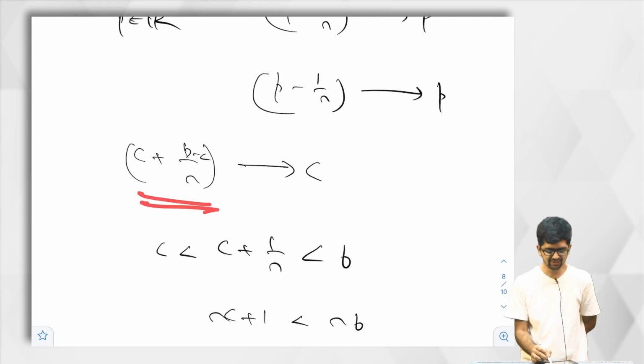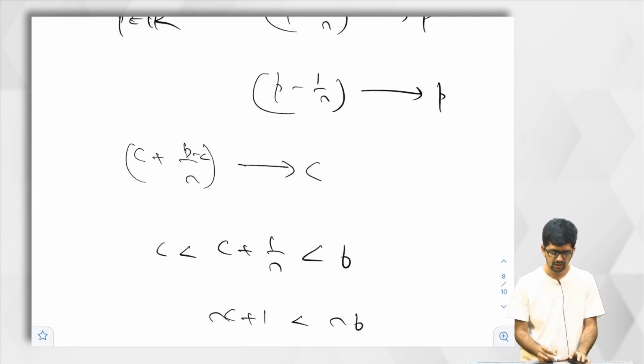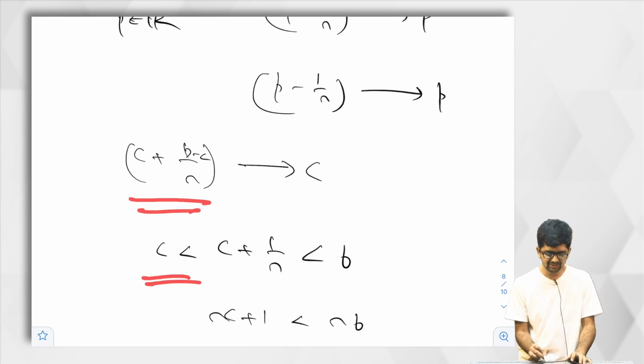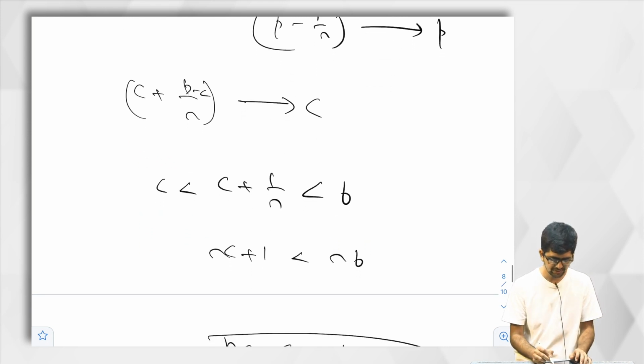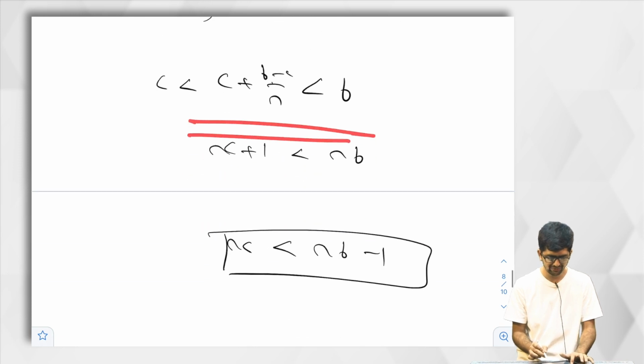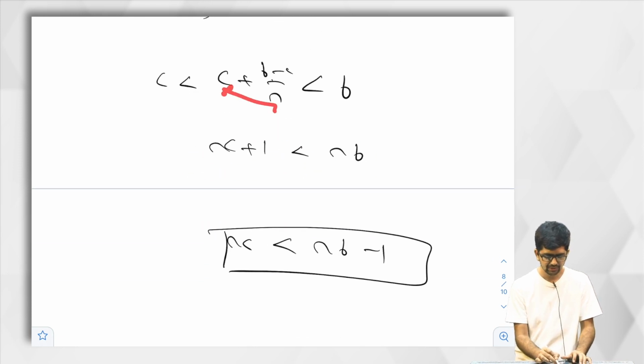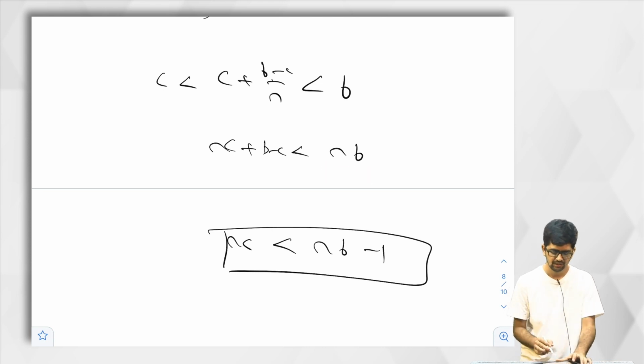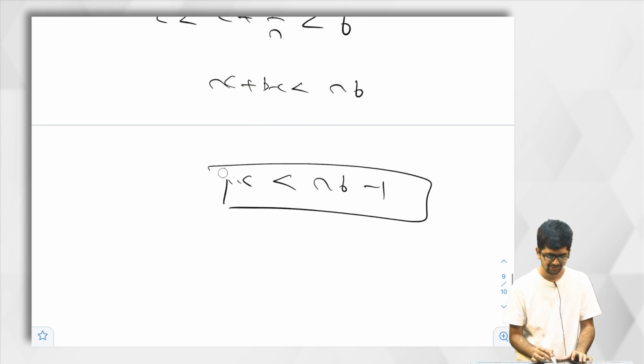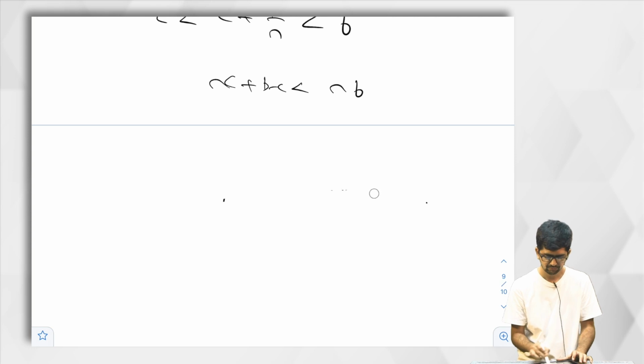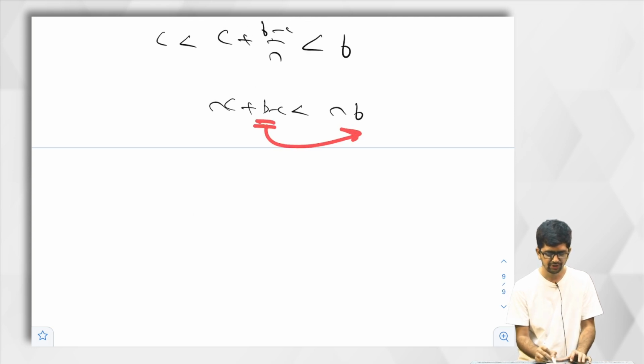So this is a sequence that comes to C, that is fine. But is it in between C and B? For that, we want B minus C to satisfy this condition: nC plus B minus C is less than nB. Do we have this condition? We just ask this B to go to this side, so we are asking this B to go here.